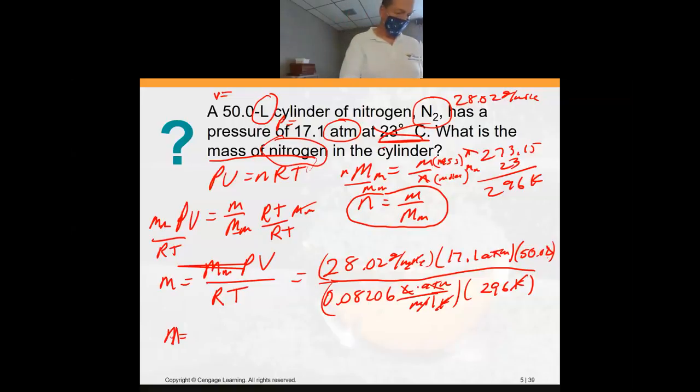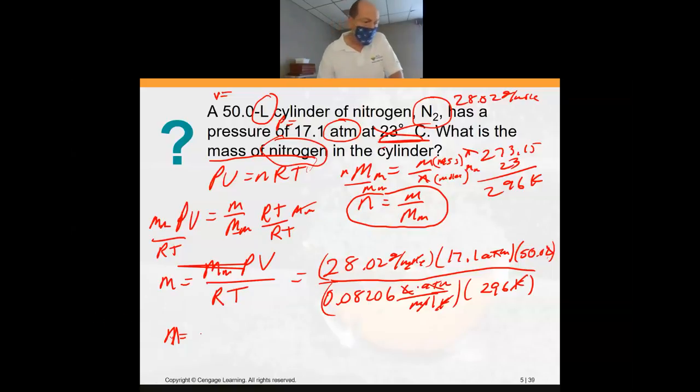All right, so you plug in your 28.02 times 17.1 times 50 and divide that by 0.08206. And then you get that answer and divide by 296 and push the buttons and you get 3 sig figs.